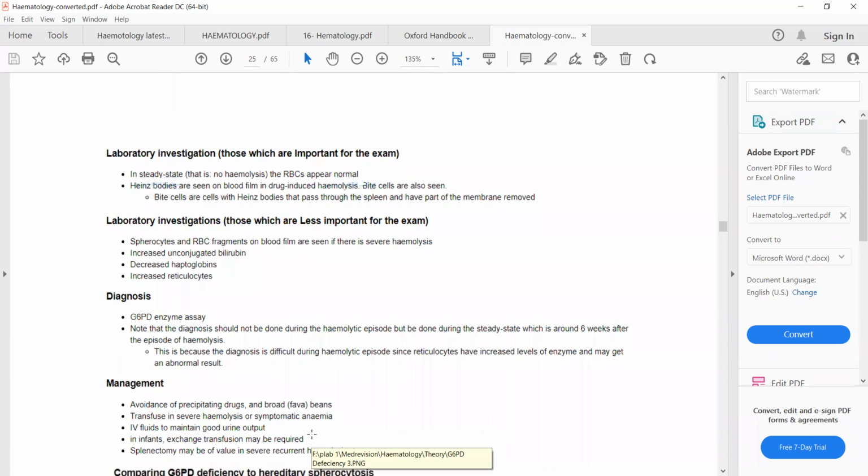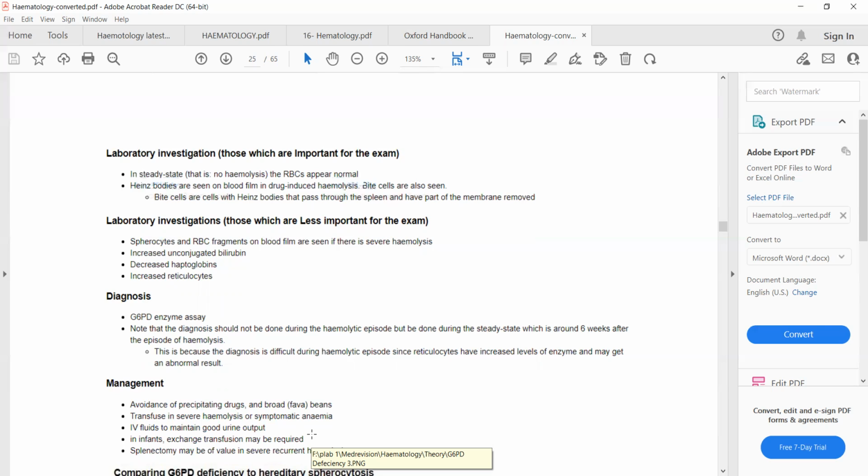What are the other lab findings? As we discussed already, all causes of hemolytic anemia will have macrocytic or normocytic anemia, along with increased unconjugated bilirubin due to increased breakdown of RBCs. Increased bilirubin will be formed, and the liver will not be able to conjugate it, so unconjugated bilirubin increases.